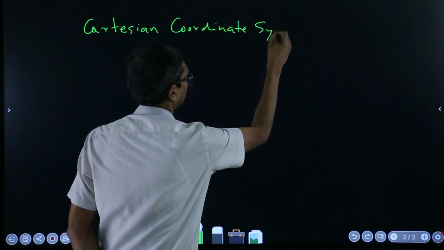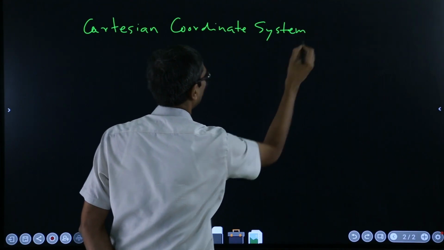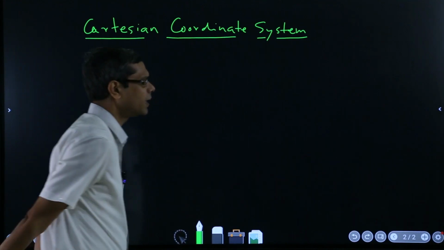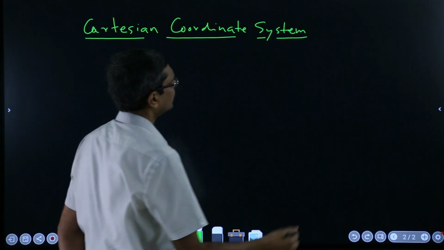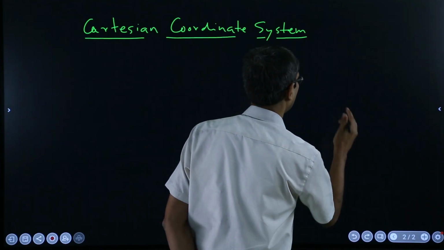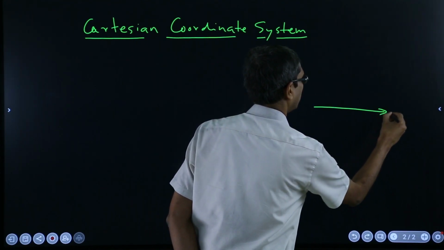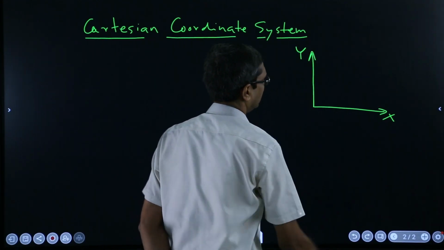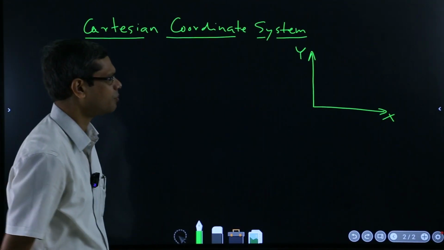This all of you are quite familiar with. We have an x axis, a y axis, and then any point.